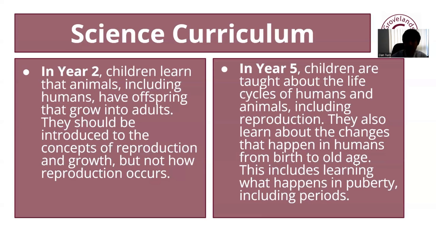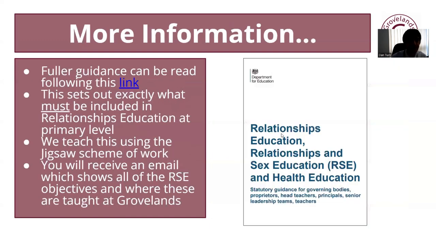That will include reproduction. They also learn about changes that happen in humans from birth to old age, and that includes puberty and information about periods. So that will happen in their science lessons, which they can't be removed from. But as I said, they can be removed from their sex education lessons if you wish.